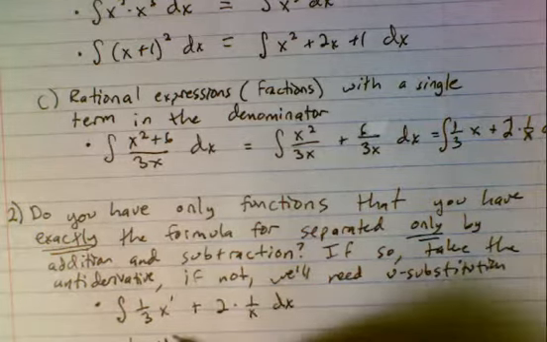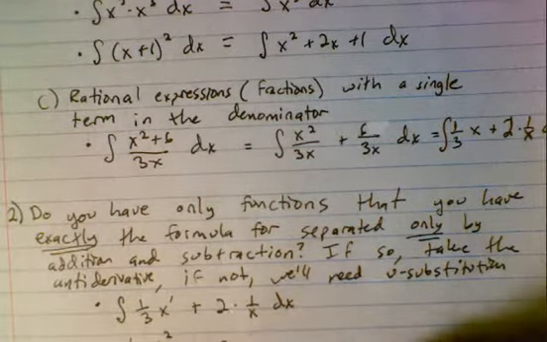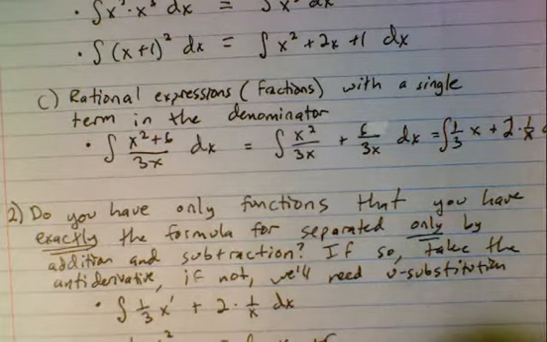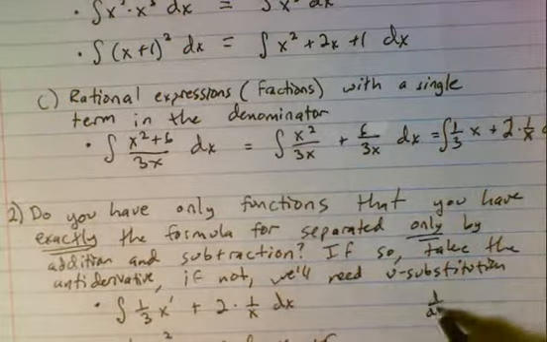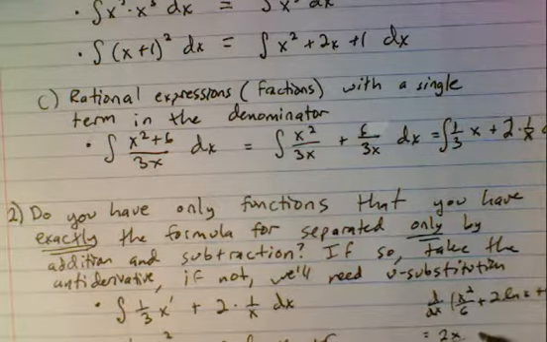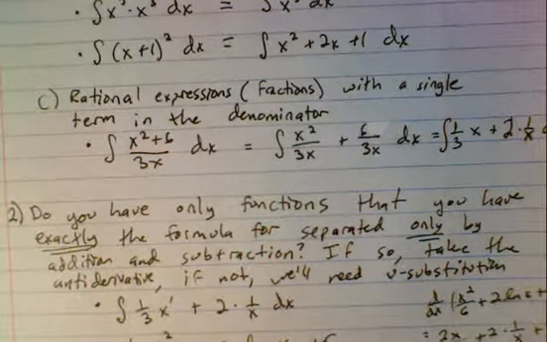We increase the exponent by 1 and divide by the new exponent. Here the 2 is along for the ride. The antiderivative of 1 over x is the natural log of x plus c, or x squared over 6 plus 2 natural log of x plus c. And when we take the derivative, that's 2x over 6 plus 2 times 1 over x plus c, which is going to be what we started off with.